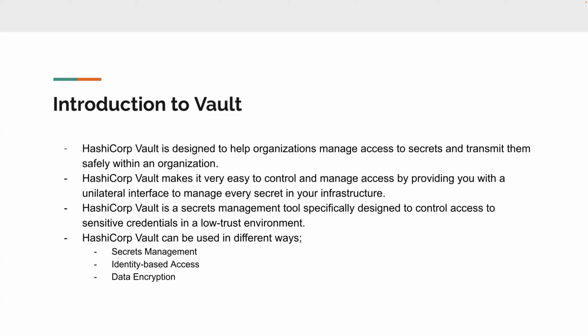That goes into identity-based access. And each and every secret is encrypted, so when we put our secrets into Vault, they are stored in the backend in an encrypted manner. That is the beauty of HashiCorp Vault.